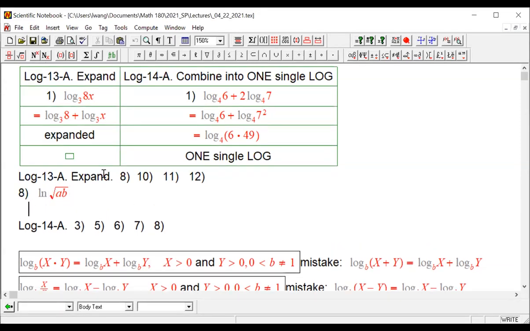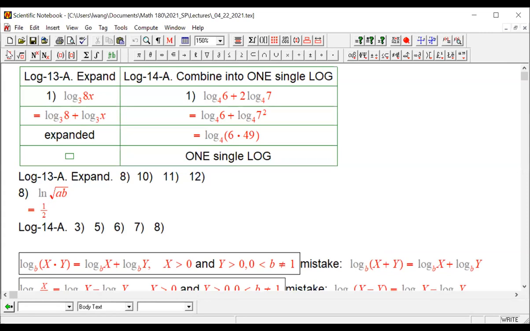The work you could show is half ln A plus ln B. You must have this parentheses.